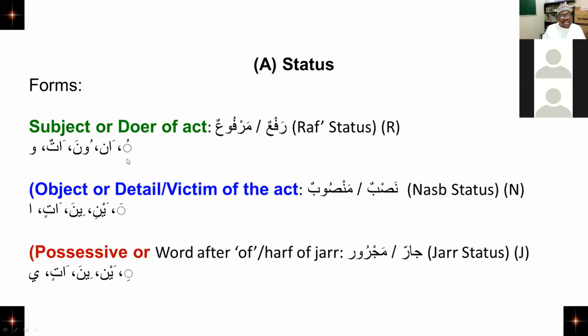Now comes the unraveling of that confusion that we used to have. These are the signs for any ism that is termed marfu' because it's in the status of rafa.